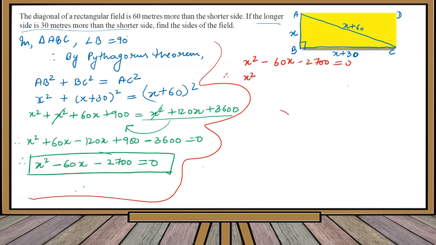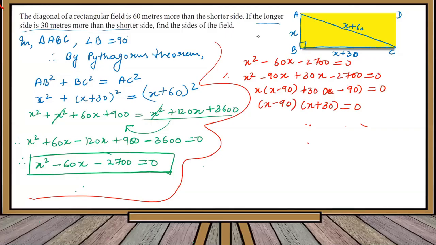Now by splitting the middle term, we split this minus 60 as minus 90 plus 30. So x square minus 90x plus 30x minus 2700 equal to 0. After solving, the factors I get are (x minus 90) into (x plus 30) equal to 0. So x is either equal to 90 or x is equal to minus 30.